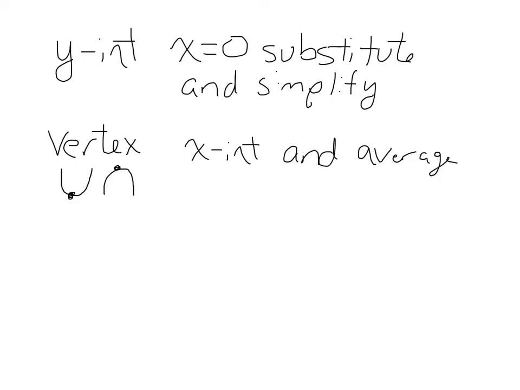Average means to add them together and divide by 2. At that point, you will have an x value other than 0 that you will substitute into the equation and again simplify.